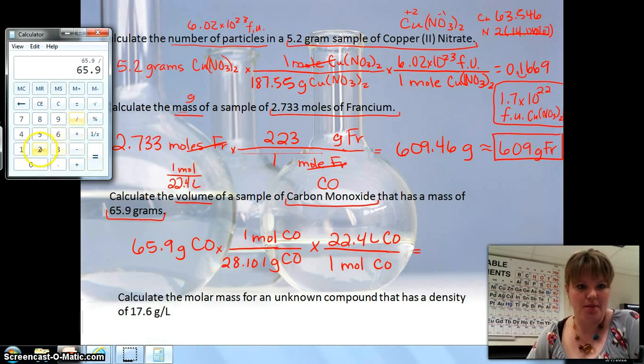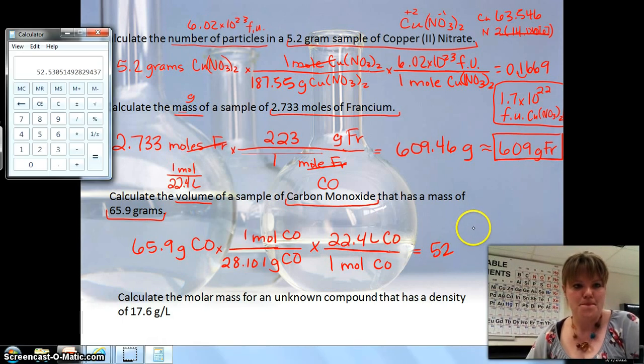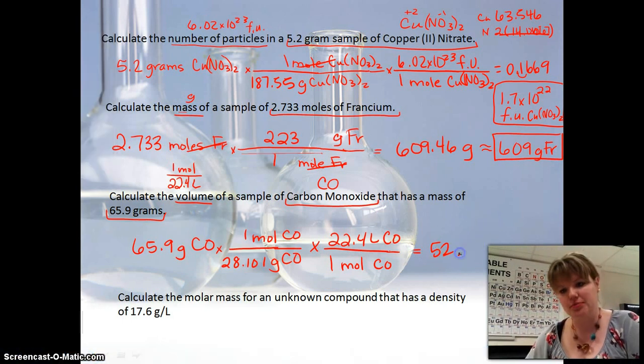We're going to divide that by 28.101. And then let's multiply that by 22.4. Okay, so this means that we have 52.53. And here grams cancels out, moles cancels out, and all we're left with is liters of carbon monoxide.